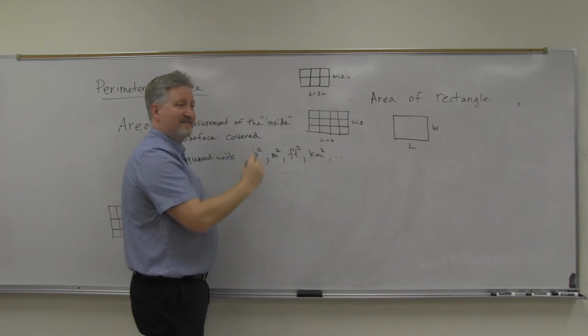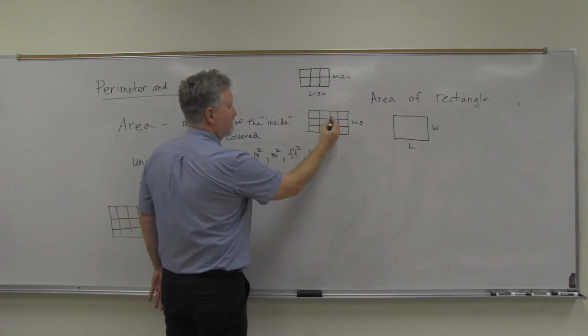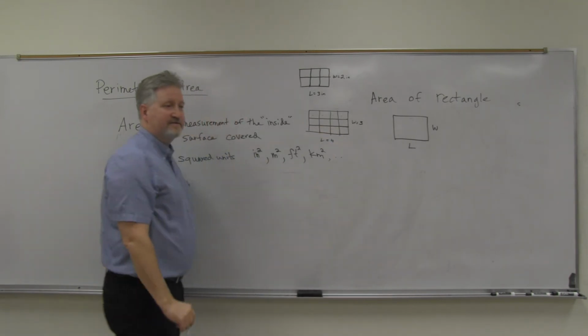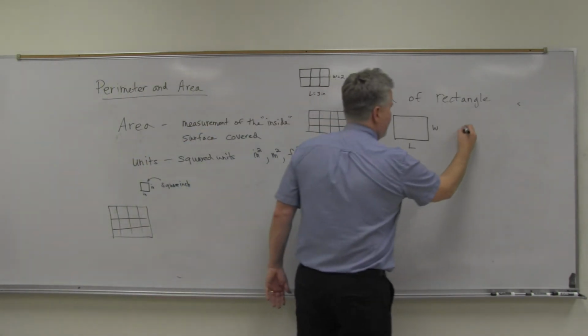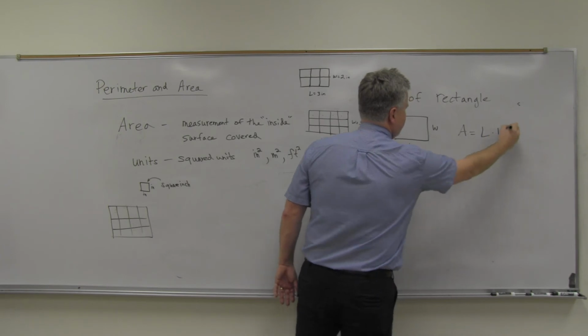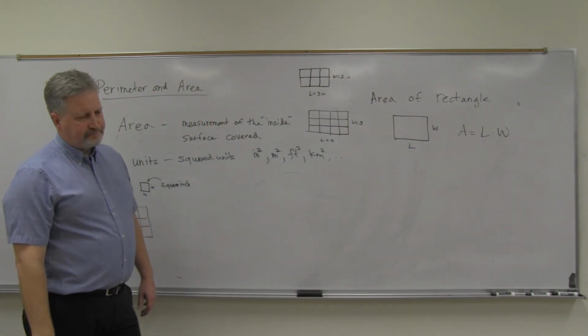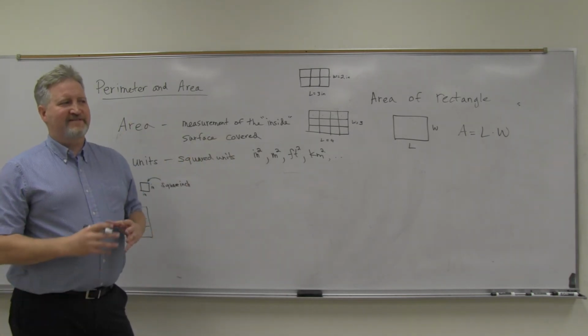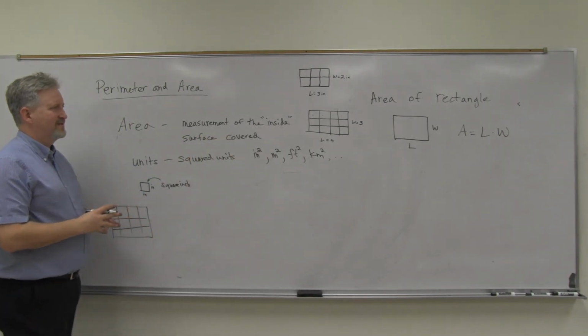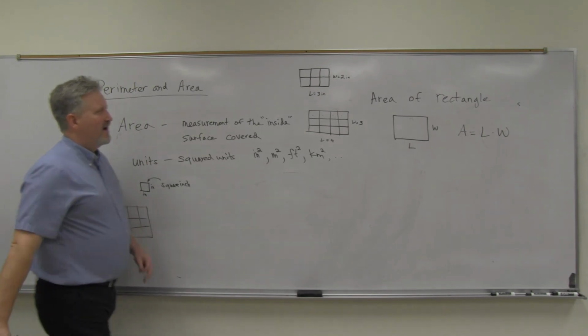It's always length times width, isn't it? Because this one's got 12 square inches. So it makes sense that the area of a rectangle is length times width. You just multiply the length times the width. That's one of the formulas. If you don't already know it, please know that one.